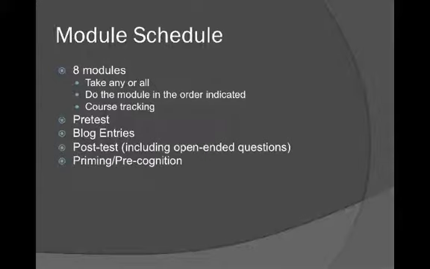Now, why do we get people to do a pre-test or blog entries before they've been instructed? The idea is based on an adult education concept called priming or precognition. The idea is to have you be mindful of what you currently think or believe about the particular subject, in this case mental health. And we know based on research that that helps to change the way we think about things much more impactfully than if we simply get taught something without ever thinking first about it.